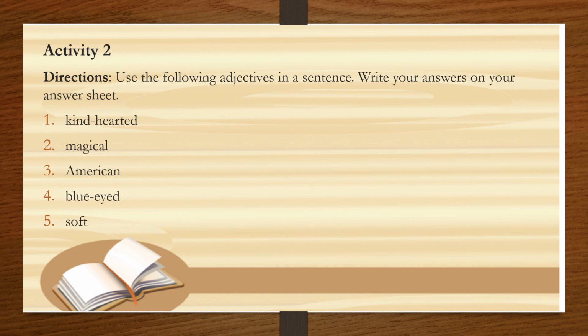For activity 2, directions, use the following adjectives in the sentence. Write your answers on your answer sheet. Number 1, kind-hearted. Number 2, magical. Number 3, American. Number 4, blue-eyed. And number 5, soft.